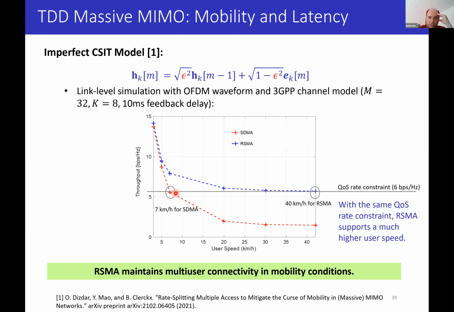If you want a throughput of, for instance, 6 bits per second per hertz, you can serve users with SDMA at 7 kilometers per hour at most, while with rate splitting you can serve them at 40 kilometers per hour. So rate splitting multiple access helps maintain multi-user connectivity even if you have mobility conditions and a tiny latency between your channel estimation and your actual data transmission.